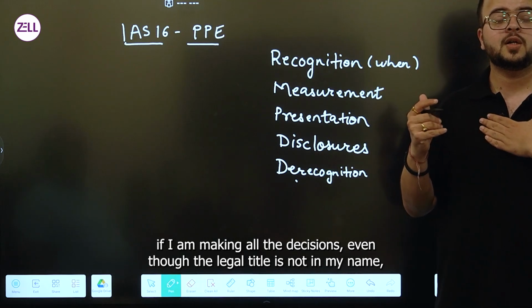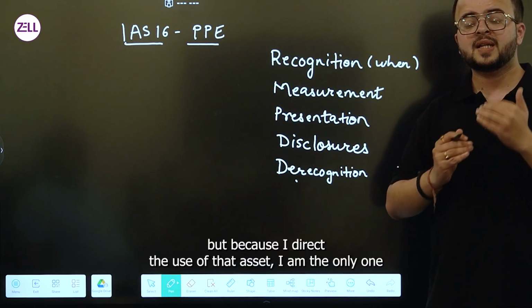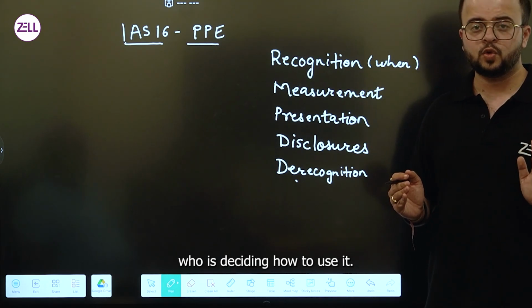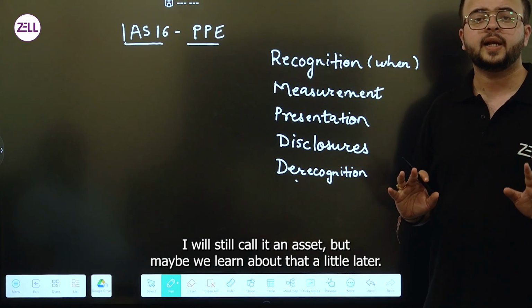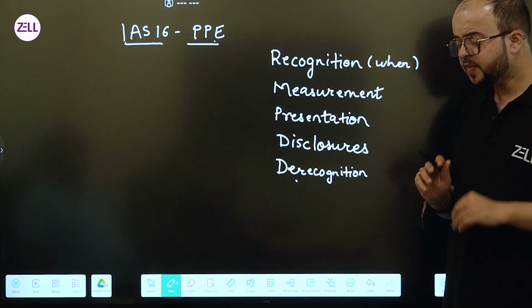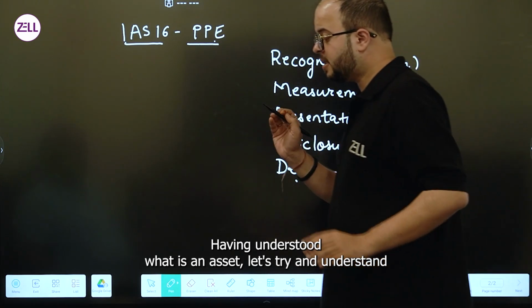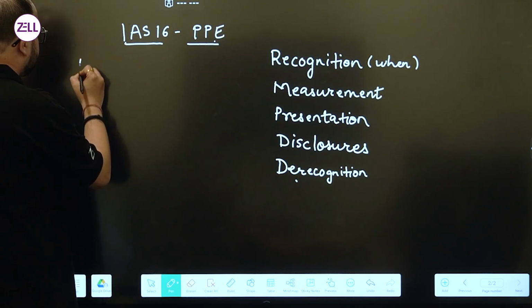If I am making all the decisions, even though the legal title is not in my name, but because I direct the use of that asset, I am the only one who is deciding how to use it, I will still call it an asset, but maybe we learn about that a little later. Today, my focus is property, plant and equipment. Having understood what is an asset, let's try and understand the meaning of one term, that is non-current asset.